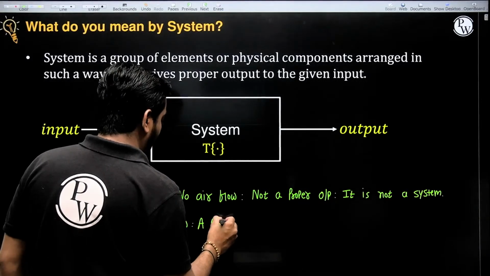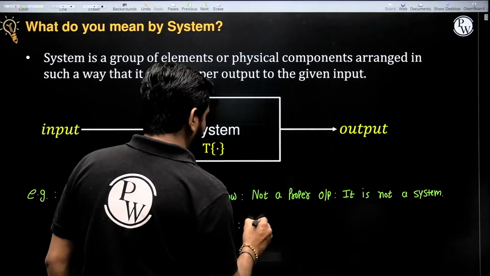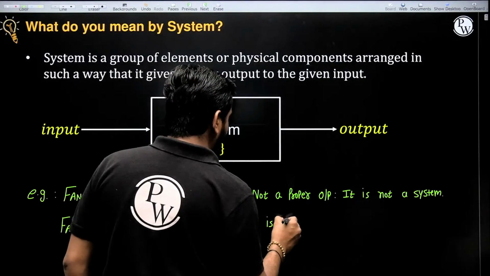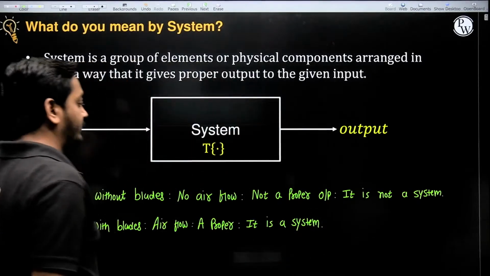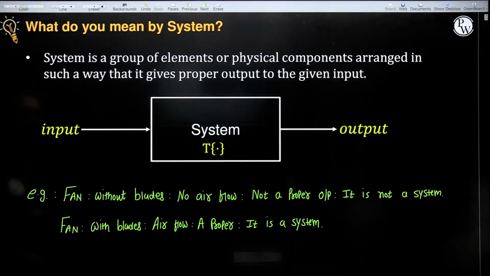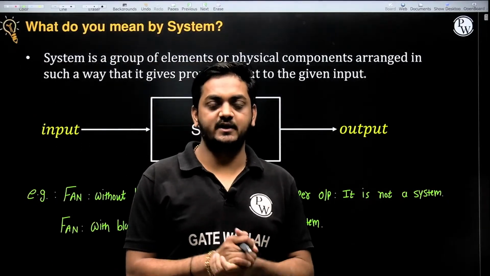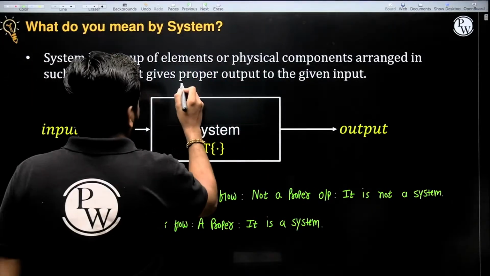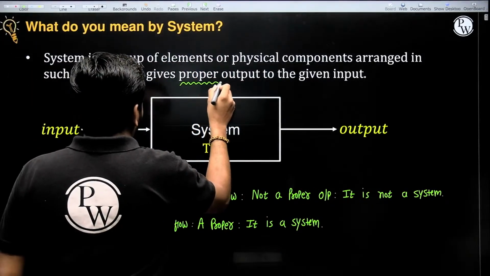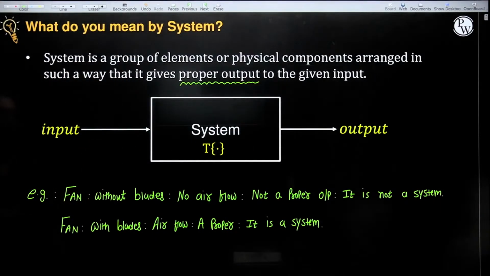Output should be proper. So here, a system is a group of elements or physical components arranged in such a way that it gives proper output. It gives proper output for the input. The output should be proper for the given input, then it is said to be a system.